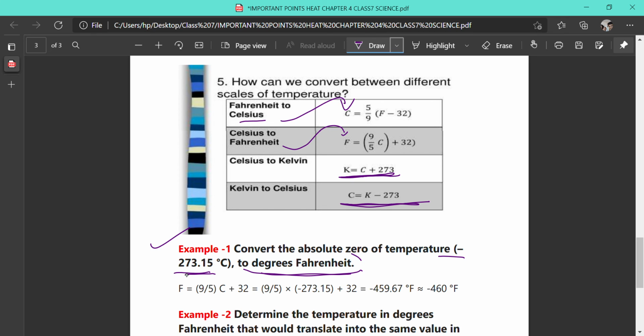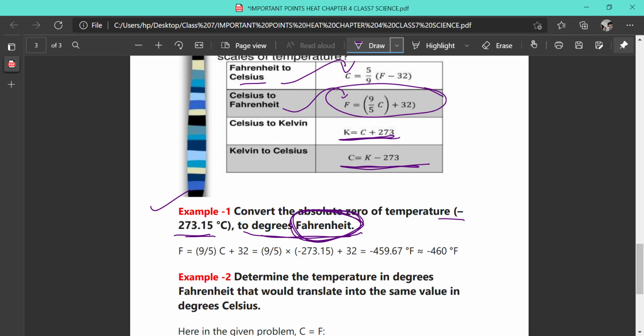We don't know the reading in Fahrenheit, so we take F equals 9/5 into C plus 32. By solving we get approximately minus 459.67, or we can write it as minus 460 degree Fahrenheit.